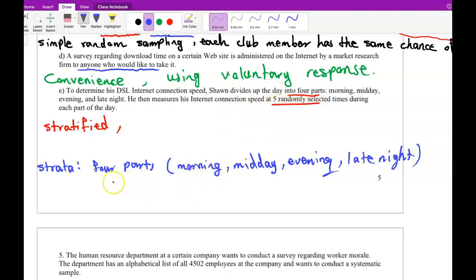Then from each one, he has 5 randomly selected times. For example, selected times we can have 7 a.m., 8 a.m., 9, 10, 11, just like that. So from each one, we have 5.